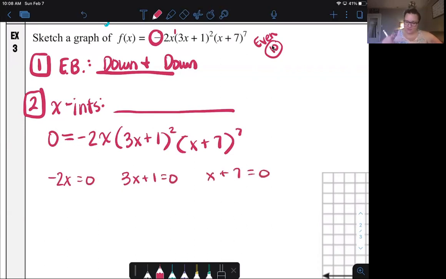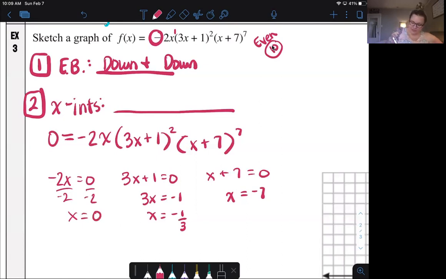So my x-intercepts are, let's see, subtract 7 from both sides, x equals negative 7. Subtract 1 from both sides, 3x equals negative 1, so x equals negative 1/3. Divide both sides by negative 2, so x is equal to 0. So my x-intercepts are the points (0, 0), (negative 1/3, 0), and (negative 7, 0).